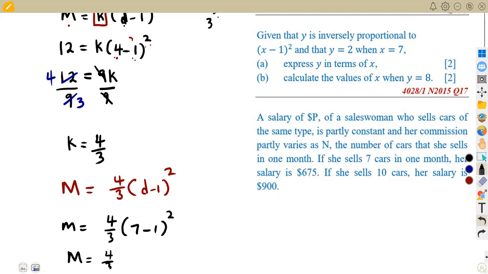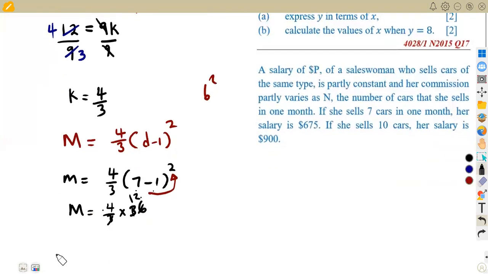So it's going to be 4 over 3 times 7 minus 1, that is 6. So we're going to have that 6 being squared. So 6 squared is 36 in this case. We reduce, that is 3 into 6, which is 2. Then we can multiply 4 times 12. That is 48. All right, so this one is going to give us 48.